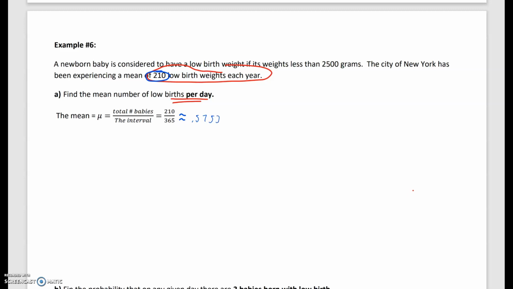0.5753 low births per day. The problem's not actually asking, but if it did, in terms of the expected value, that would be the value of the mean rounded. So mu equals the expected value.